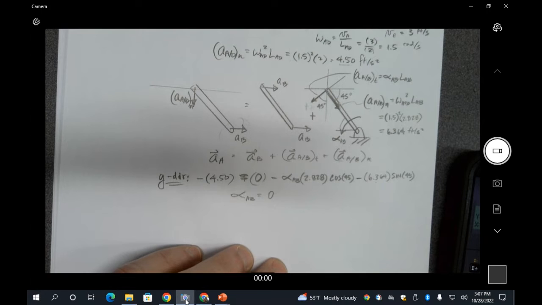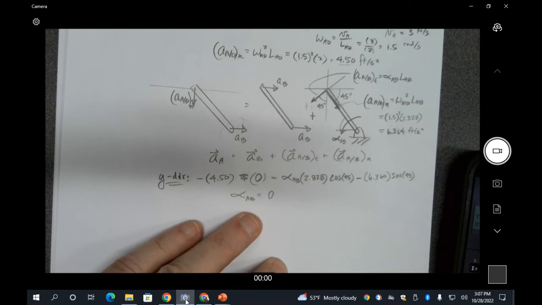Wouldn't you divide the 4.5 by the product of the 2.828 and the cosine of 45 before subtracting? Say that again. So to get alpha AB by itself, you'd have to divide by 2.828 and the cosine of 45.